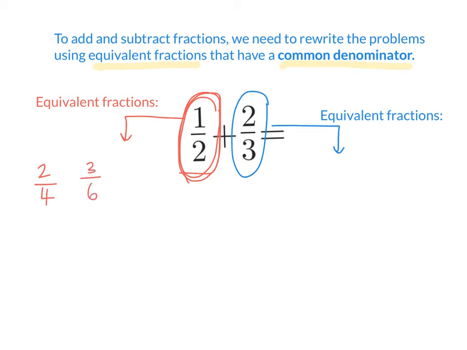What's another? 4/8. What's another? 5/10. Could we go on and on forever? Is 10/20ths also equivalent to 1/2? Yeah. What about 2/3? What's a fraction that's equivalent to 2/3? 6/9. What's another fraction that's equivalent to 2/3?